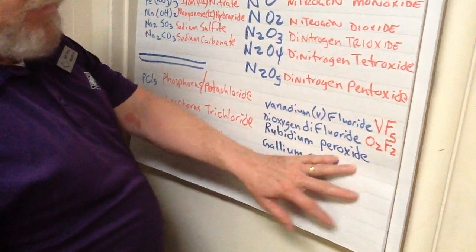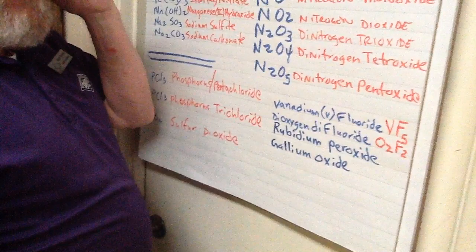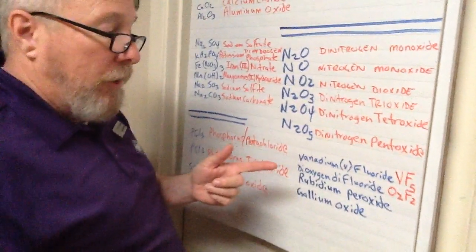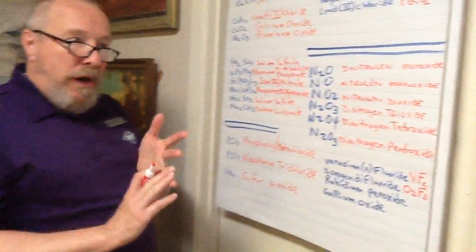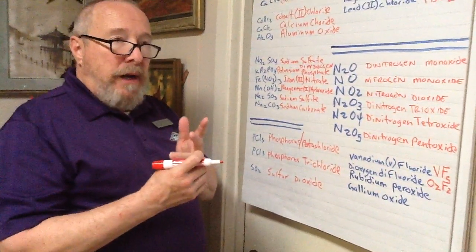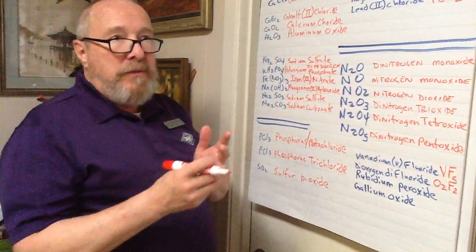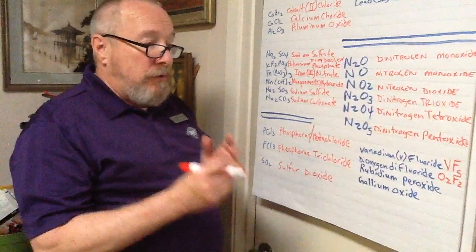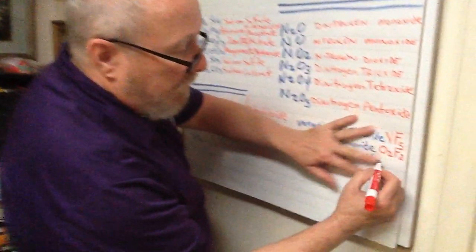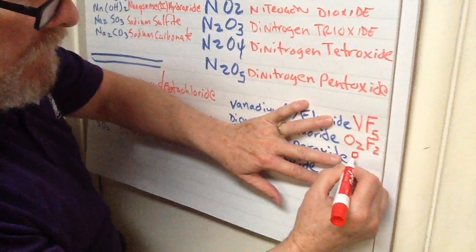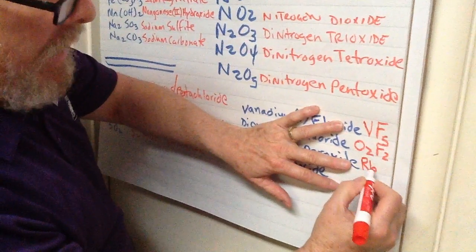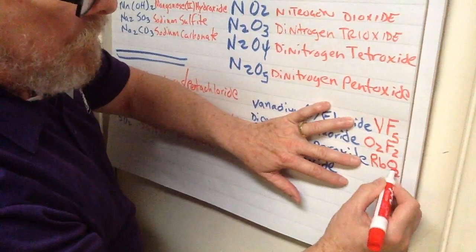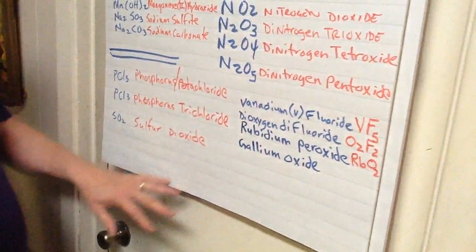Rubidium peroxide. Rubidium is a group 1 metal. It has a +1 charge, but the oxide and peroxide ions, O 2-, and O2 2-, both have a 2- charge, so I need 2 rubidiums to balance that peroxide O2 2- charge.